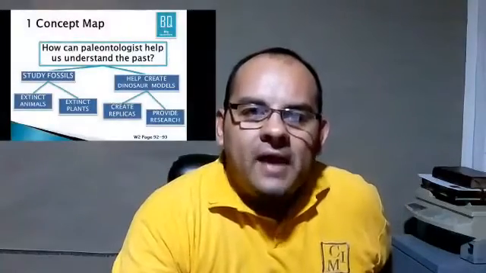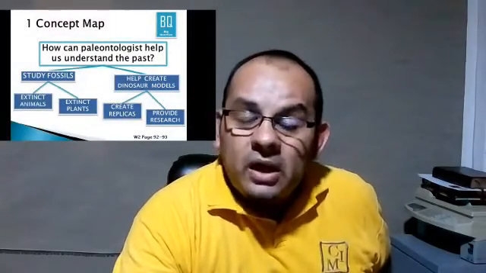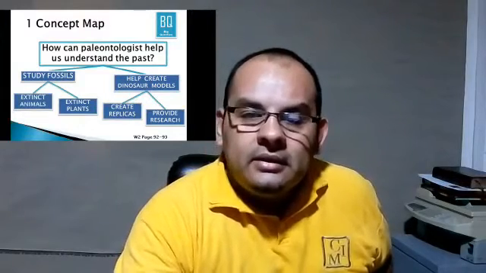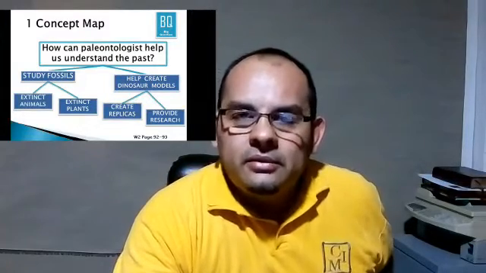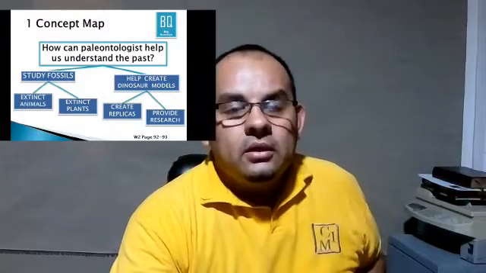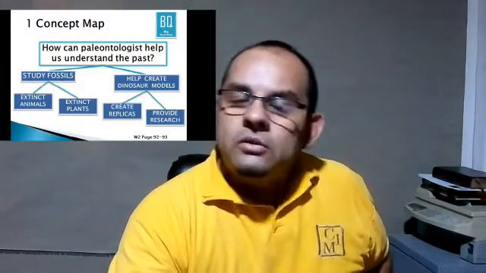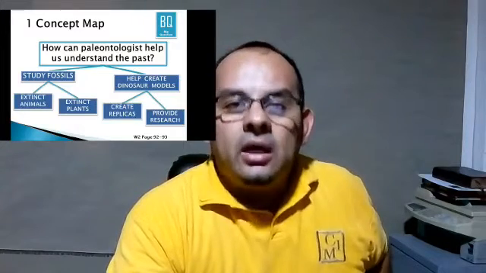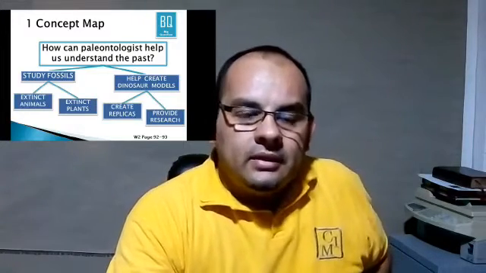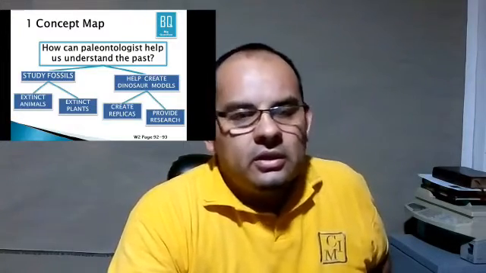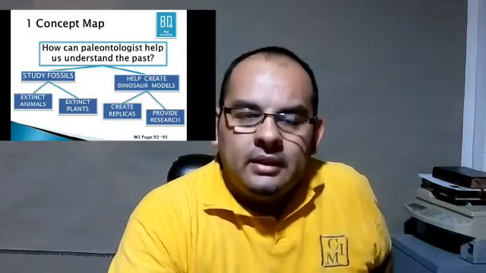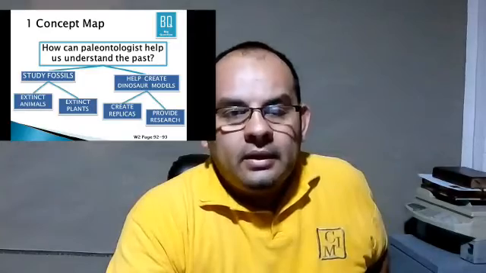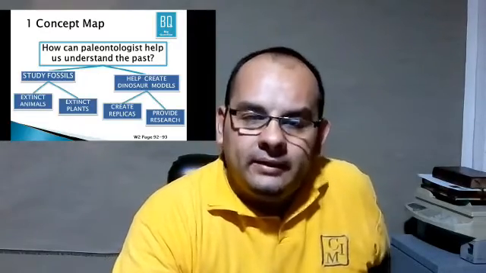In the next box, we have: help create dinosaur models. Look, I'm going to talk about someone who started as a paleontologist, okay? His name was Sir Richard Owen. He came up with the word dinosaur in 1841.